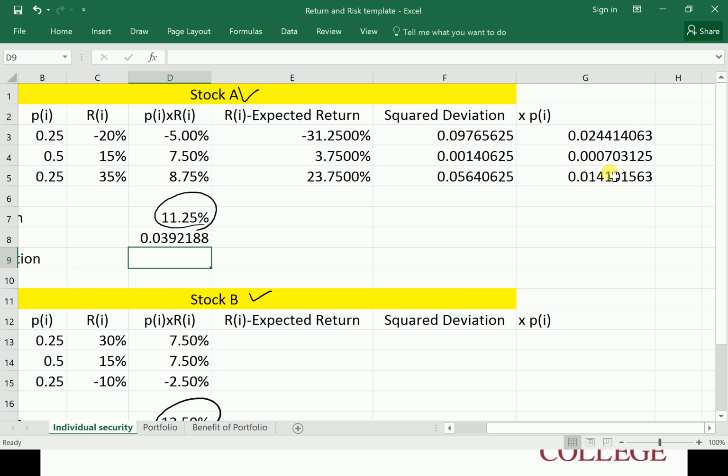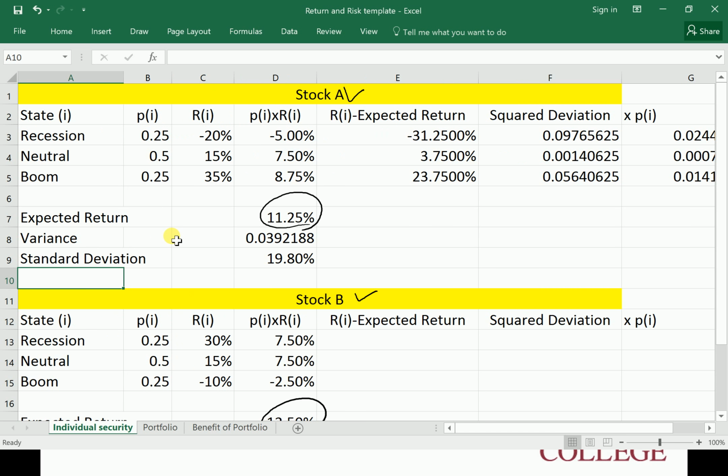And then the square root of the variance will be the standard deviation. Standard deviation is 19.8% for A.